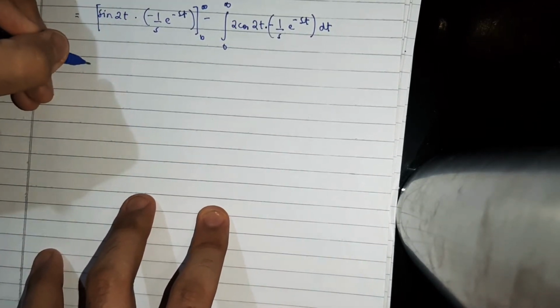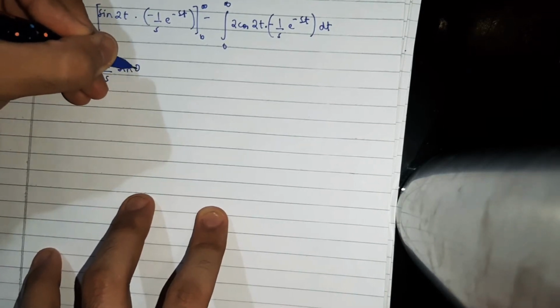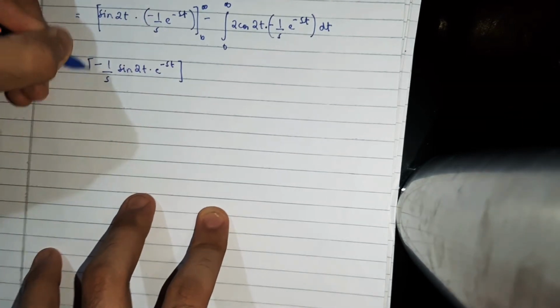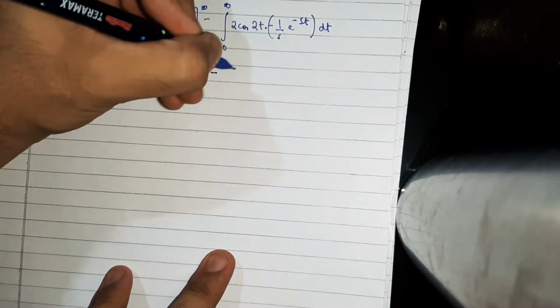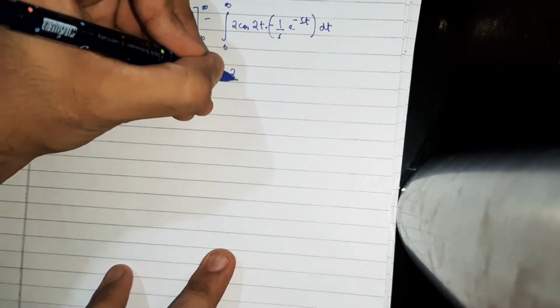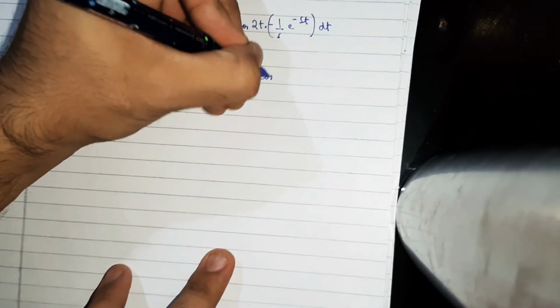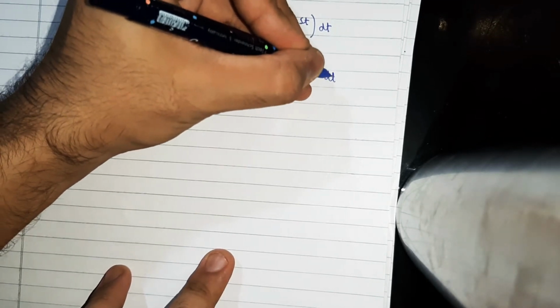Solving further, we get minus 1 upon s sine 2t times e to the power minus st from the limits 0 to infinity, minus, and again minus, going to give us plus 2 upon s integral 0 to infinity cos 2t times e to the power minus st dt.